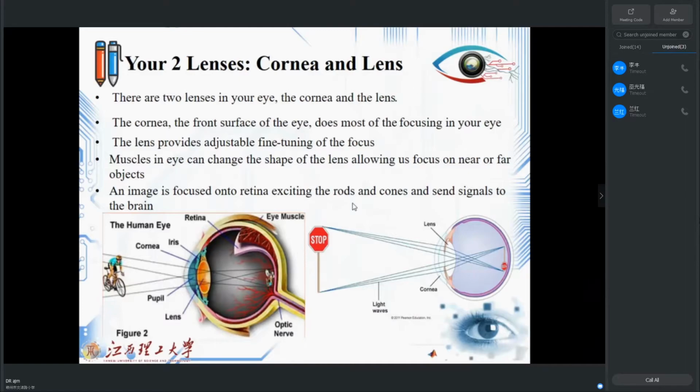These two lenses act together and help each other to form the picture for us. Muscles in the eye can change the shape of the lens, allowing us to focus on near or far objects. An image is focused onto the retina, exciting the rods and cones, which send signals to the brain.